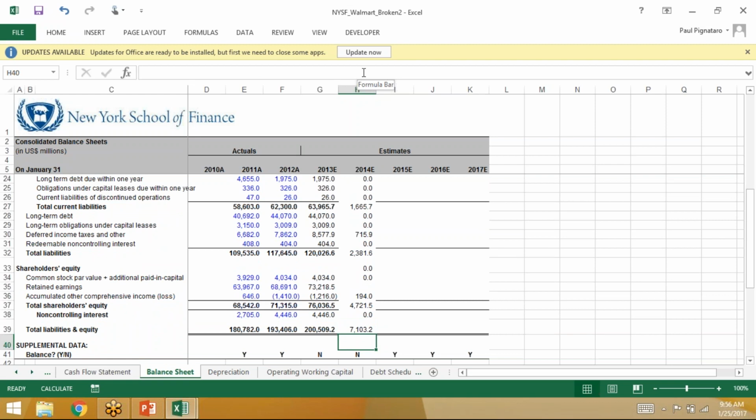Okay, still not balancing. We went through this whole thing. What could that mean? That could mean there's only two other problems. Summation error, or what else? Could mean another problem as well.